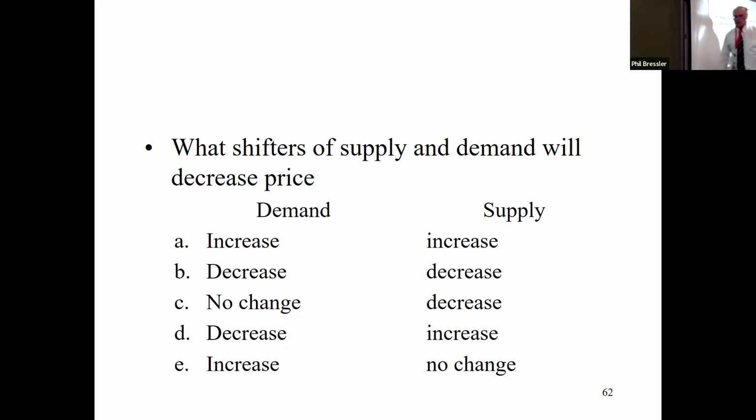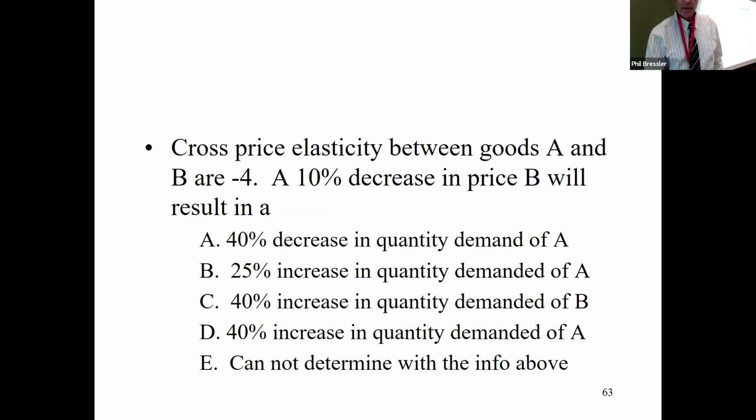All right, let's see what do we got next? Cross price elasticity between goods A and B is -4.